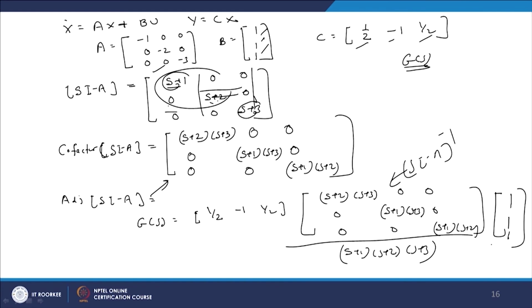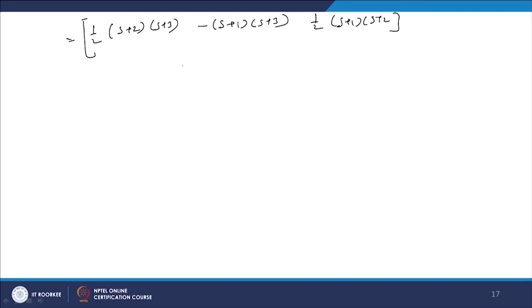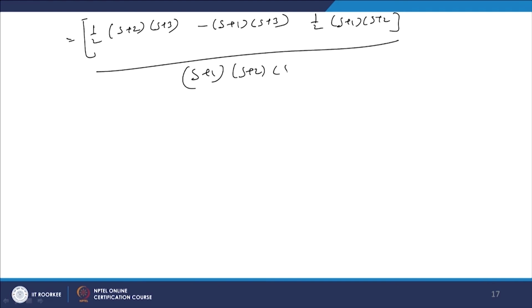Now first of all, we multiply this with respect to this matrix. So you will get 1 by 2 times S plus 2, S plus 3, then the other element we will get as minus S plus 1, S plus 3, and here we will get 1 by 2 times S plus 1, S plus 2, divided by S plus 1, S plus 2, S plus 3.